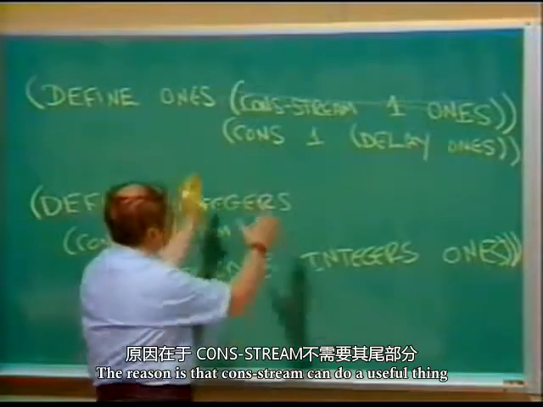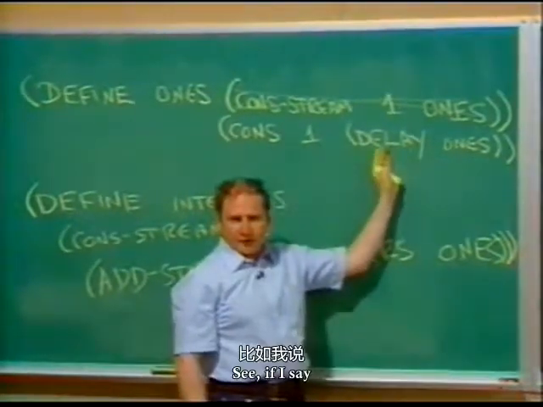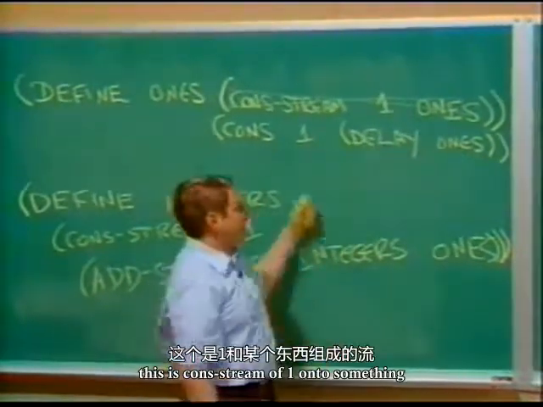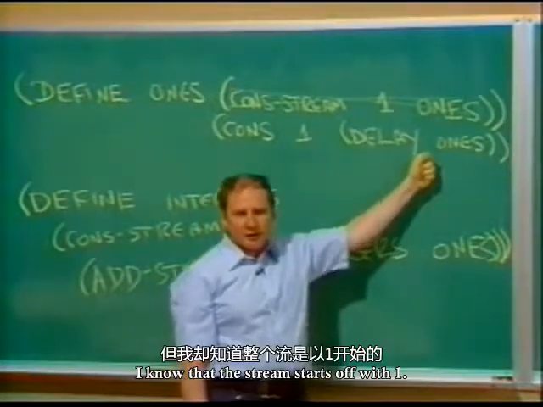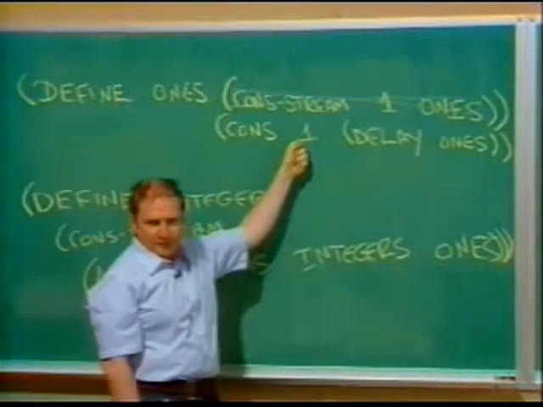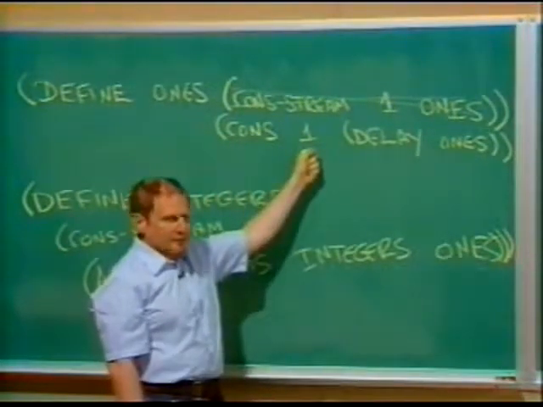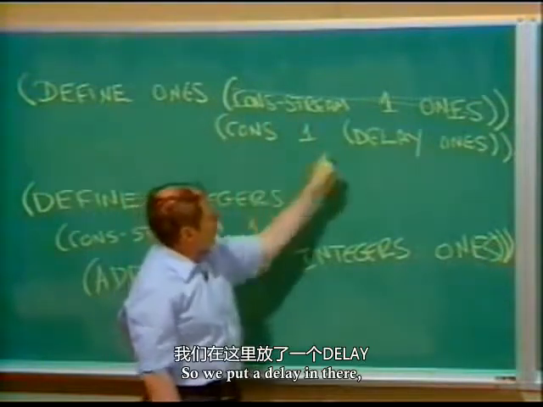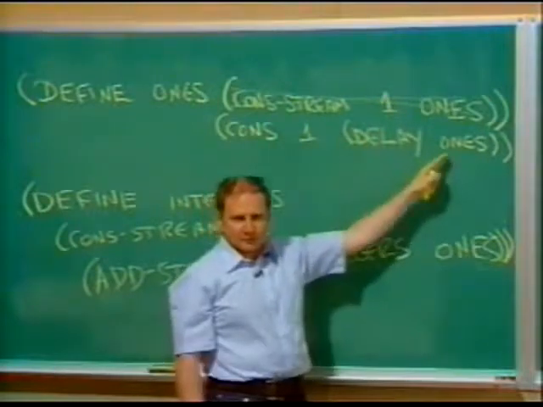The reason is that constream can do a useful thing without looking at its tail. If I say this is constream of 1 onto something, without knowing anything about something, I know that the stream starts off with 1. That's why it was sensible to build something like constream. And so we put a delay in there, and that allows us to have this sort of self-referential definition.